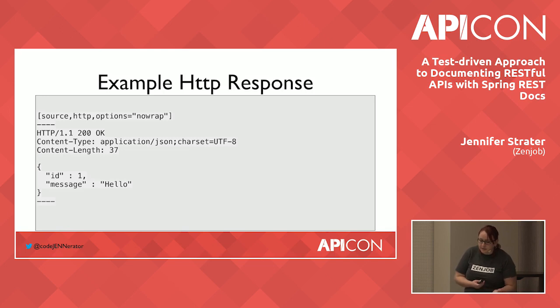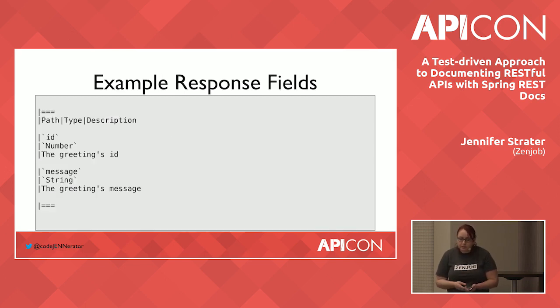So what I mean is that this is an example AsciiDoc snippet that was part of the HTTP response. So it's the content type, it's the length, it's an example of the JSON that was output. And this is AsciiDoc that will get converted in the example in a few slides. Similarly, you get response fields.